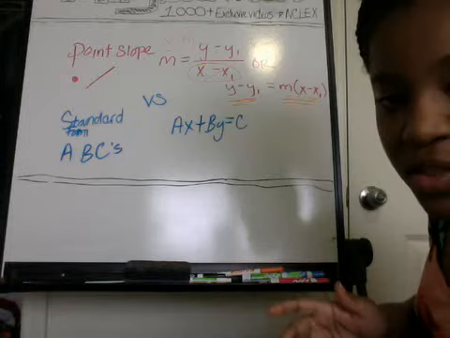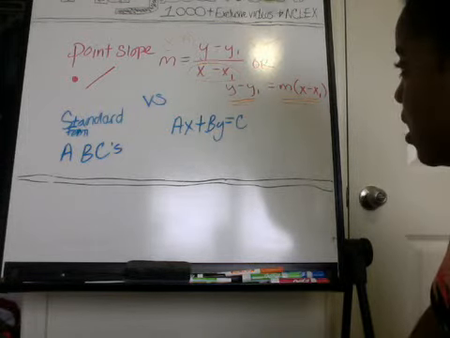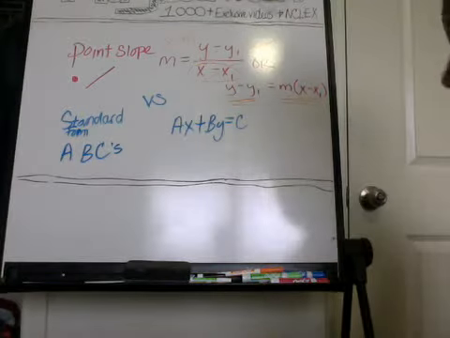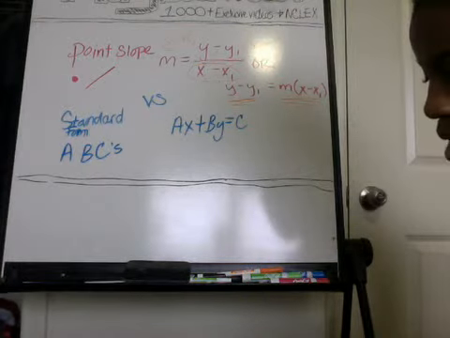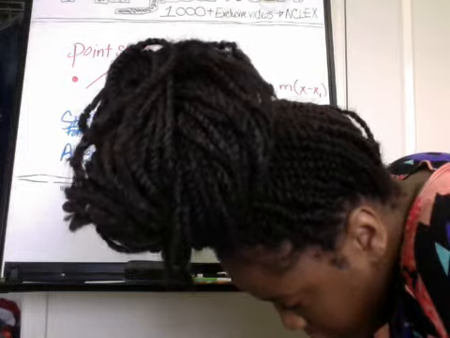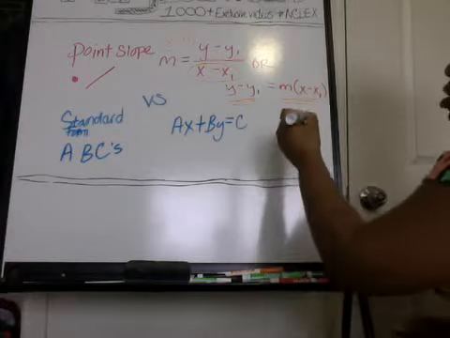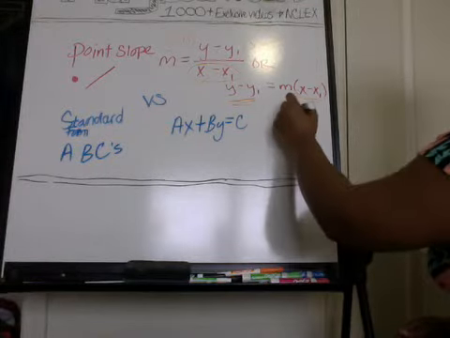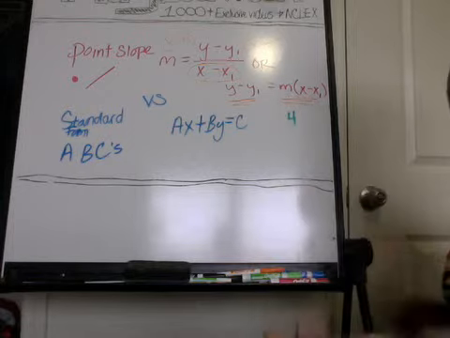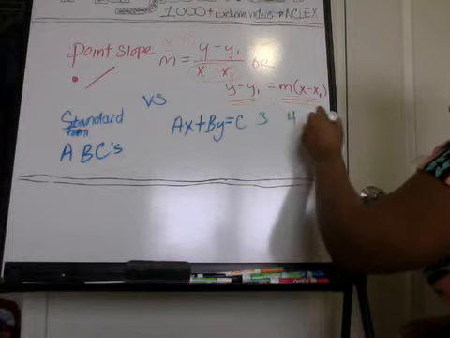So just for the sake of understanding, I'm going to put some numbers here. So we have our slope and we have a point, okay? The slope is going to be 4, and then let's say we have 3 and 2 is the point.